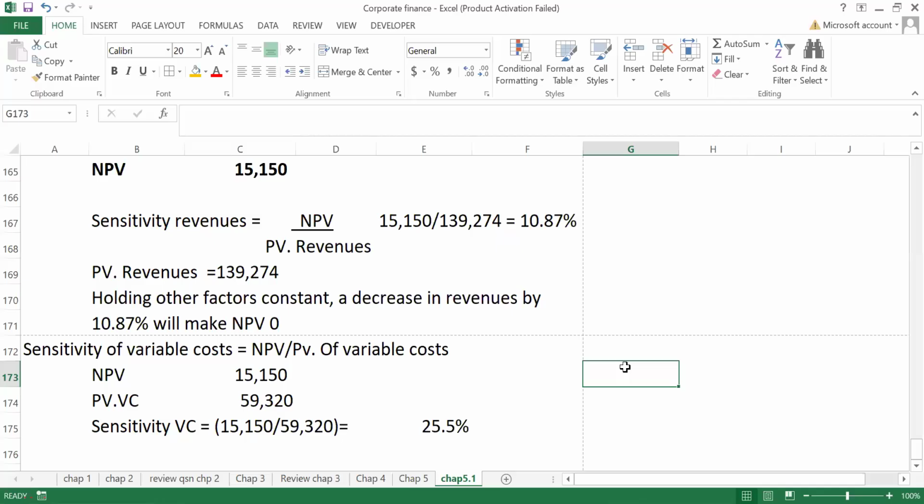No, because you are looking at each factor, you analyze it separately, independently.